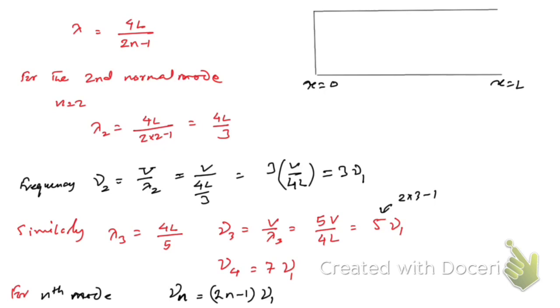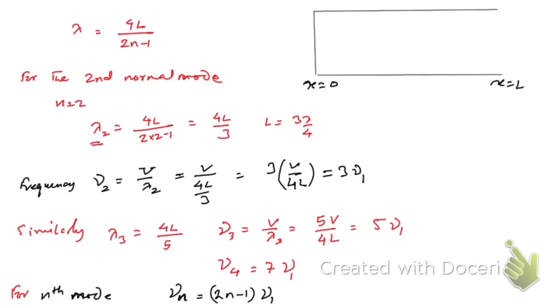Now what happens in the case of the second mode of vibration? Let me draw it here. The second mode will be of this form. We have lambda 2 is equal to 4L by 3. That means L will be equal to 3 times lambda 2 by 4.